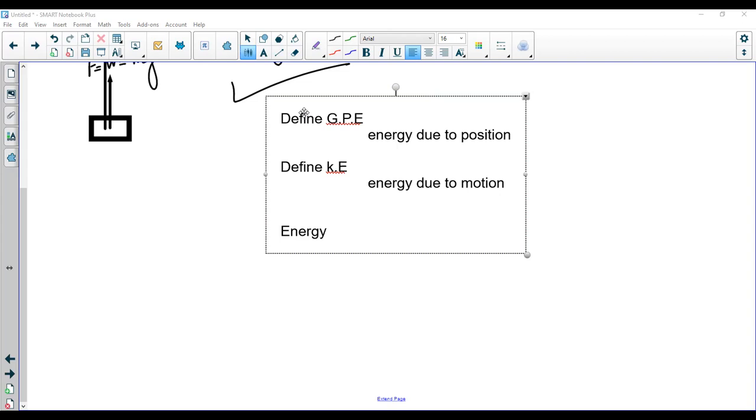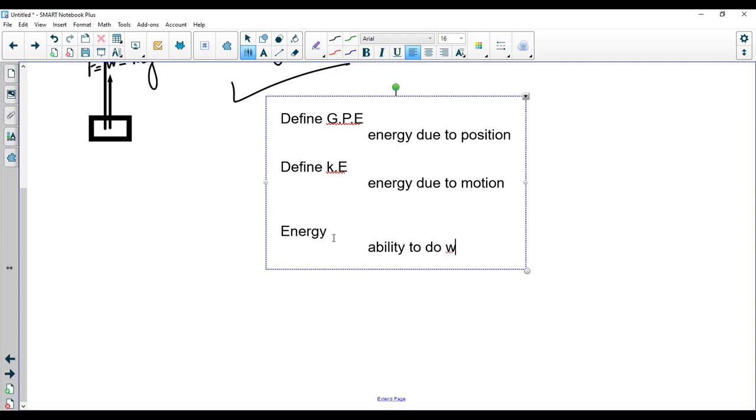So, being able to do work, or capacity to do work, or ability. All of you, what you have mentioned is right. So actually, energy is ability to do work. If an object has some ability, no matter if it's due to motion or due to position, we say that it has energy, ability to do work.